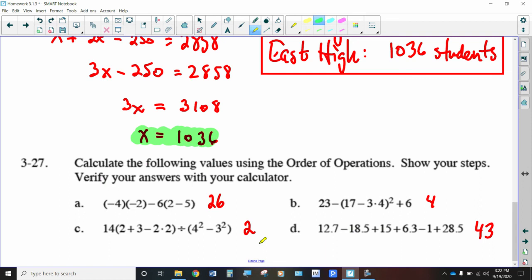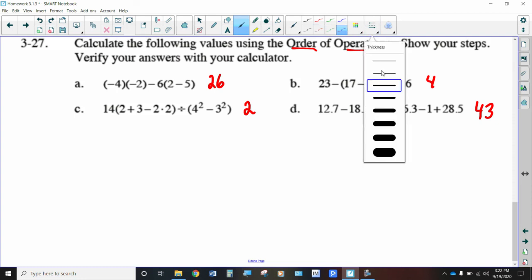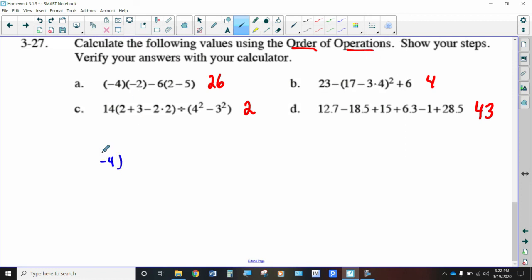And then the last problem, number 27, using the order of operations. We have to start by solving inside the parentheses. So if I take A, that's going to be -4 times -2 minus 6 times -3, then we'll do multiplication. -4 times -2 is +8.